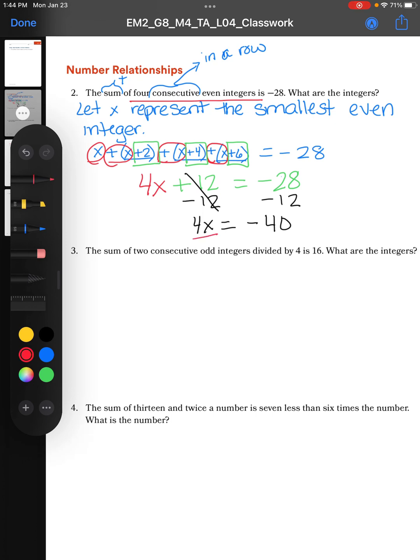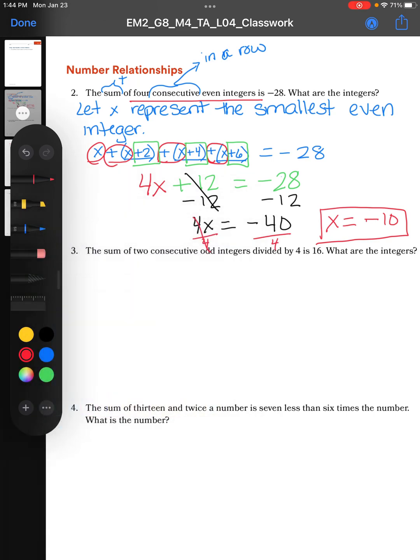Keeping in mind, my goal is to get x alone, so I need to divide both sides by 4. 4x divided by 4 leaves me with x, and negative 40 divided by 4 leaves me with negative 10. So x equals negative 10 is my solution to the algebraic equation.